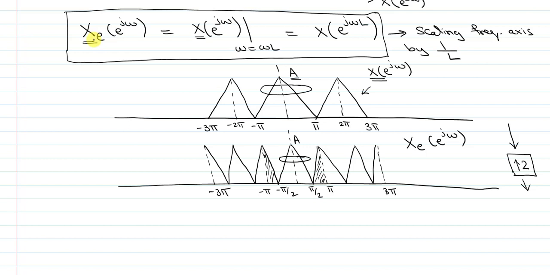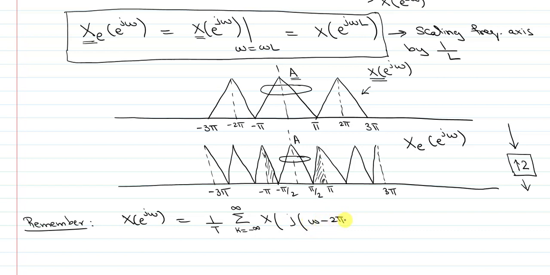Well, to see that, remember this relationship. If x[n] has been sampled, we have X(e^{jω}) as a function of the Fourier transform of our continuous time signal as 1/T, where assuming T is the sampling time, sum over k from minus infinity to infinity, X(j(ω − 2πk)/T).